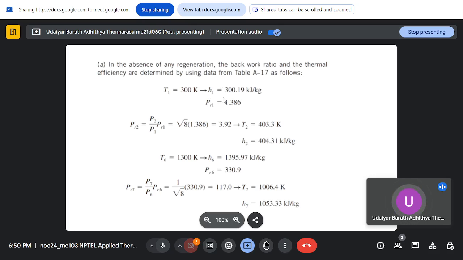We are using this because the heat capacities are varying. Or you can also solve it assuming Cp is constant. Here we are employing the air table to solve this. The other ways are to assume entropy is constant, or you can do a Cp dT.